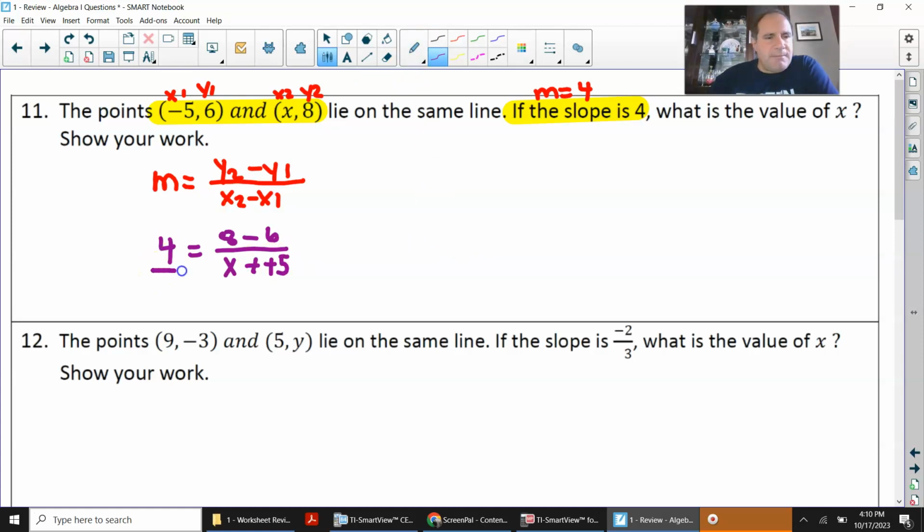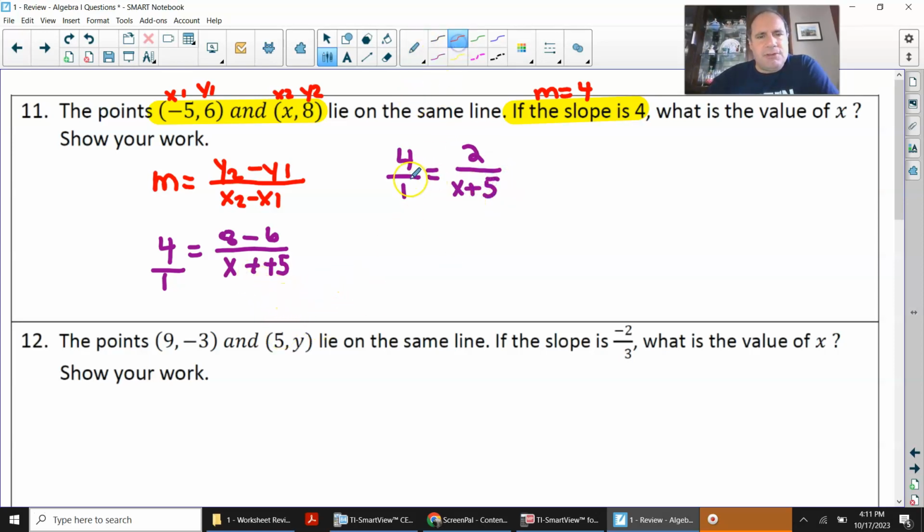To make this a proportion, I am just going to put a 1 underneath, and I'm going to rewrite it up here. This is 4 over 1 equals 8 minus 6 is 2, just to make it easier for myself, and x plus 5.